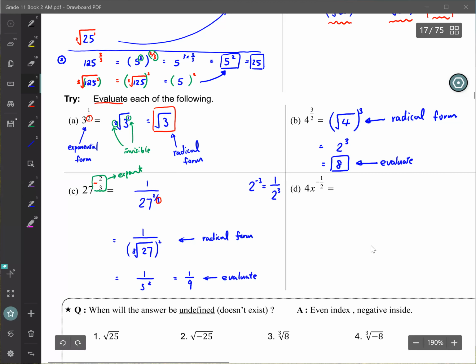Just write whatever you think it should become. This one, you can't really get a number out at the end. You just have an expression that has x inside. Please raise your hand if you already got something down.